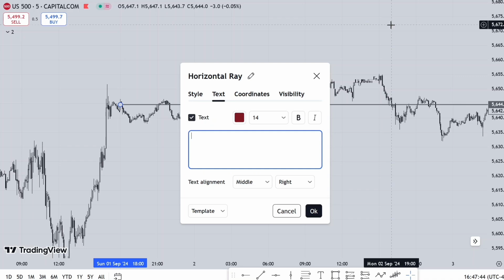This will streamline your accuracy and increase your strike rate because you are operating with a rigid set of rules. So here you have the Sunday's opening price.